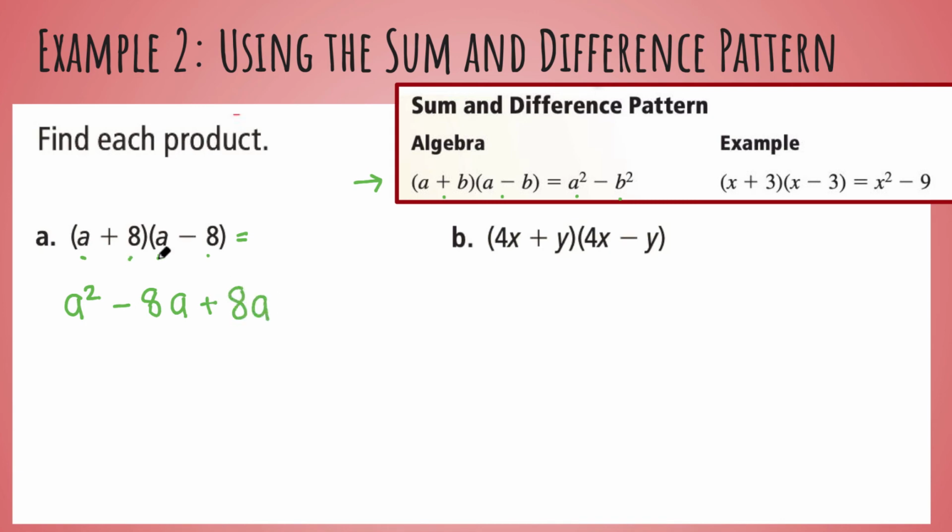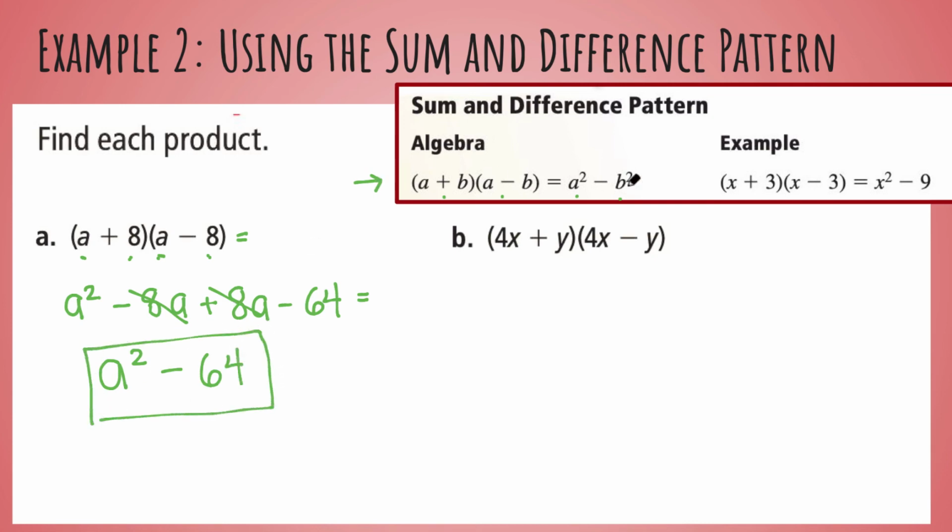And if we multiply the last terms together, we get negative 64. So we can see that the middle terms here are canceling out, and we end up with a squared minus 64. So we could have predicted this using our pattern, but FOIL will always work also.